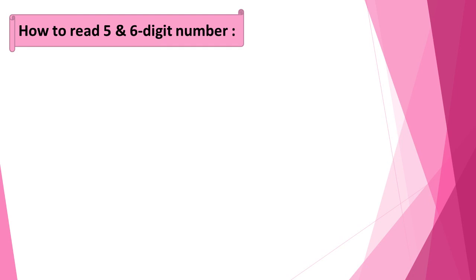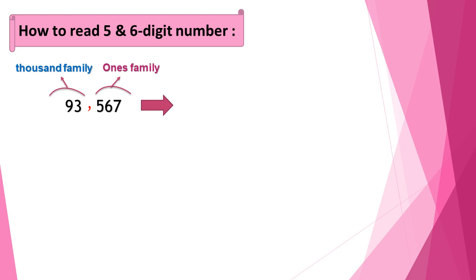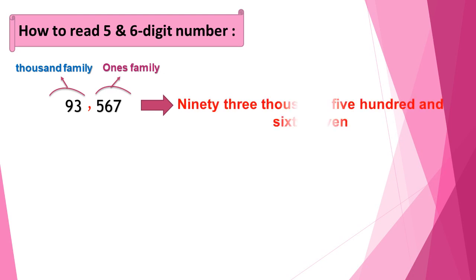Now, how to read 5 and 6 digit numbers. We want to write this number in words. First, we put a comma after 3 digits from the right. Then we have 2 families: thousands family, ones family. Then we start from the left and read the number with its place. 93,567.